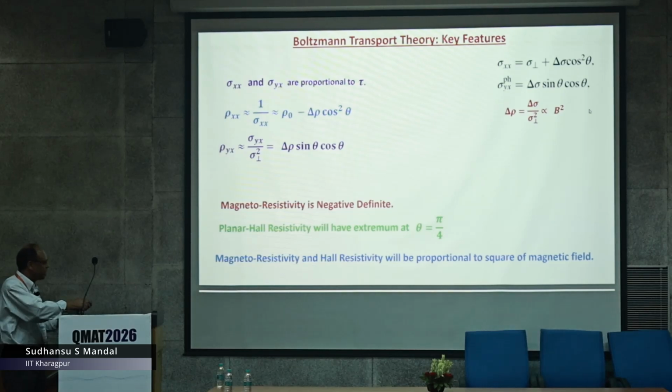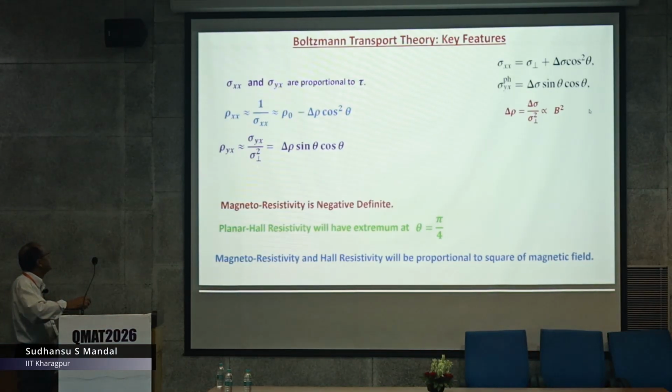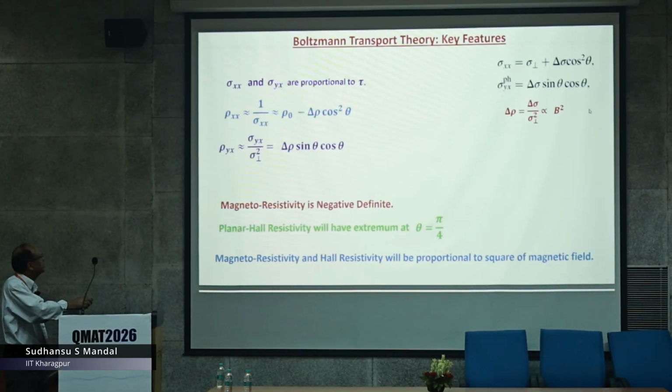So rho 0 is the Drude resistivity, and delta rho is delta sigma by sigma perpendicular square, and that is also proportional to B square. And rho yx is delta sigma by sigma perpendicular square, which is delta rho sine theta cos theta. So conductivity and resistivity have a similar form, the only difference is that here it's negative.